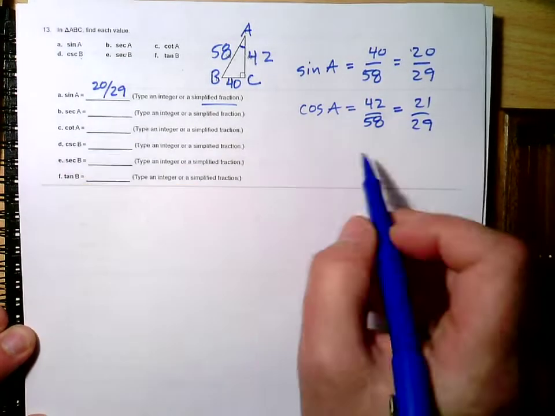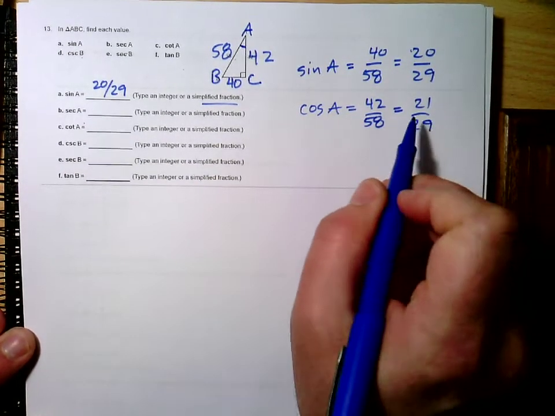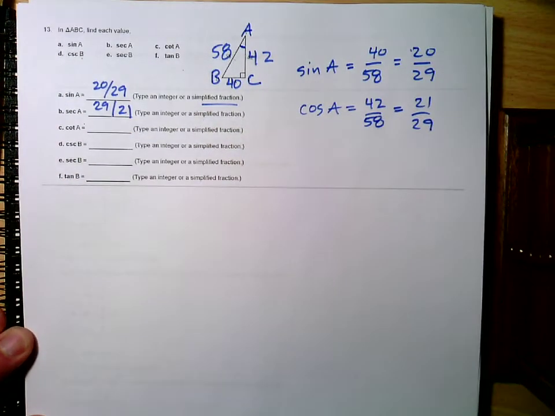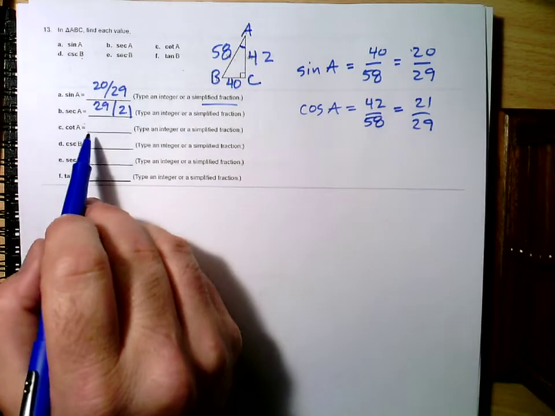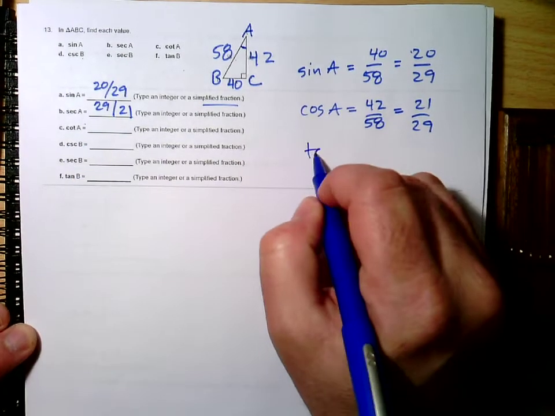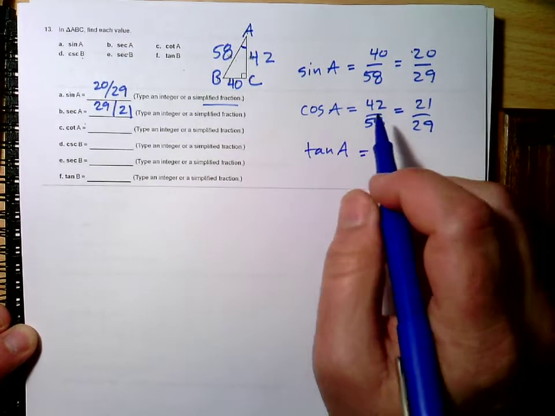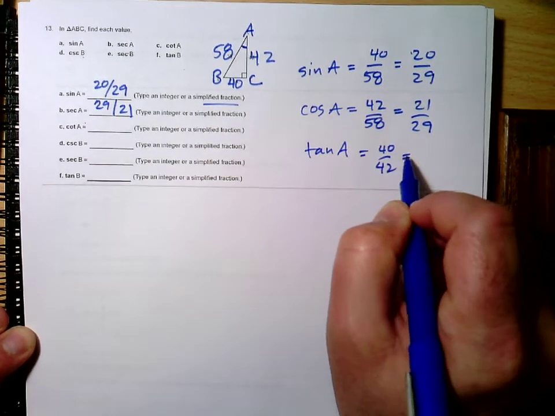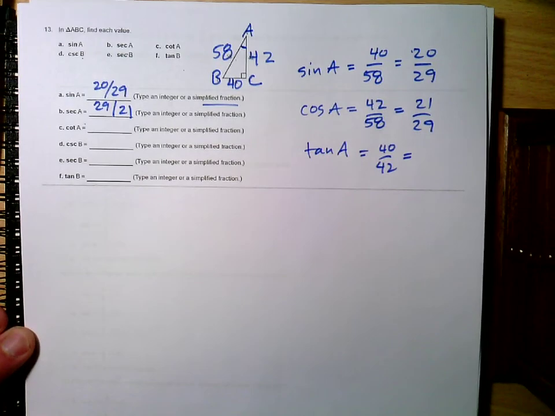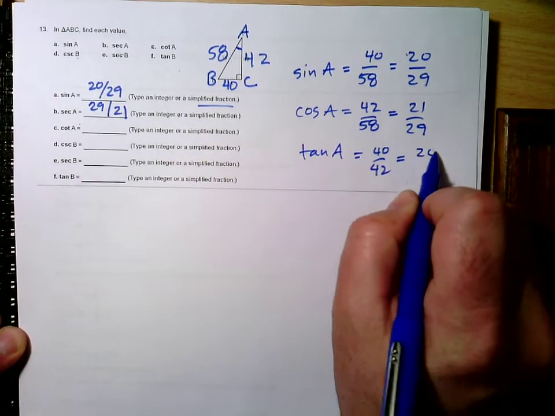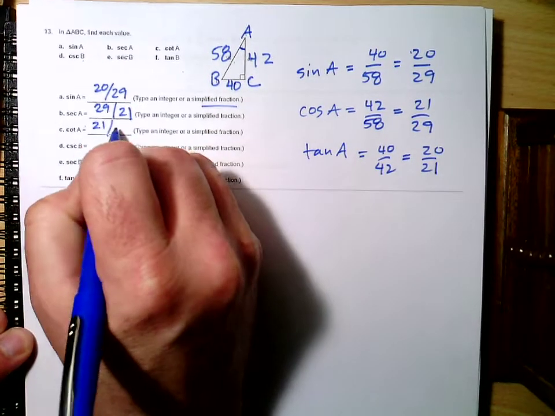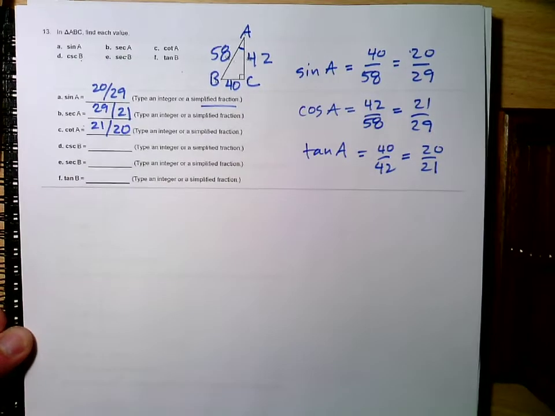And then the secant of A is the inverse of that, so this is 29 over 21. Cotangent of A is going to be the inverse of tangent of A. So if tangent of A is opposite over adjacent, so 40 over 42, and if we reduce that, we get 20 over 21. But cotan is the inverse of that, so it's 21 over 20.